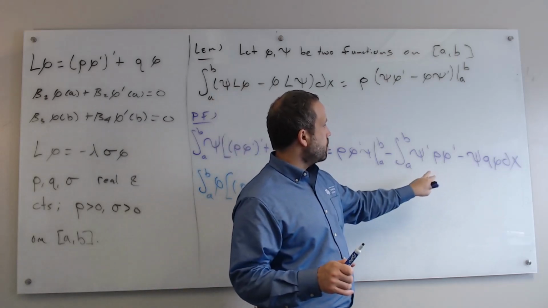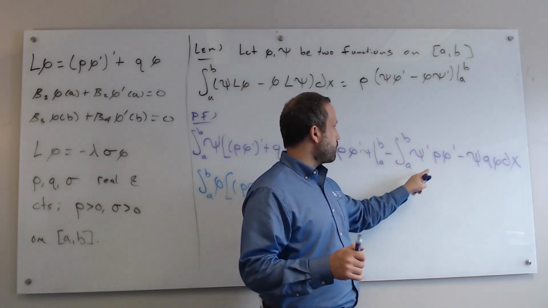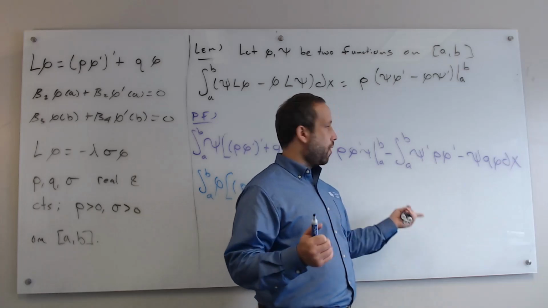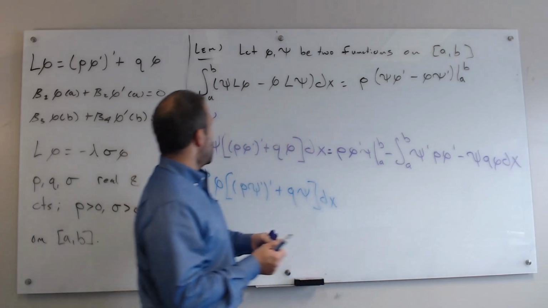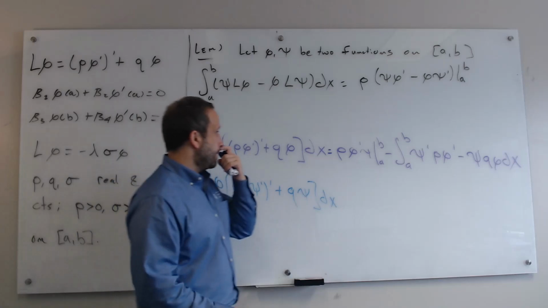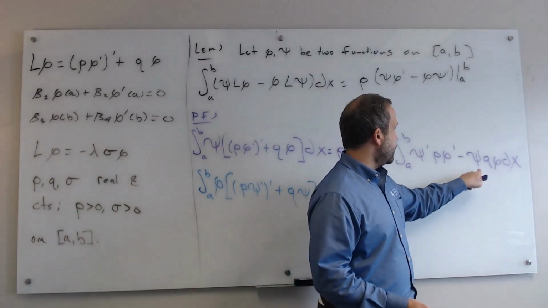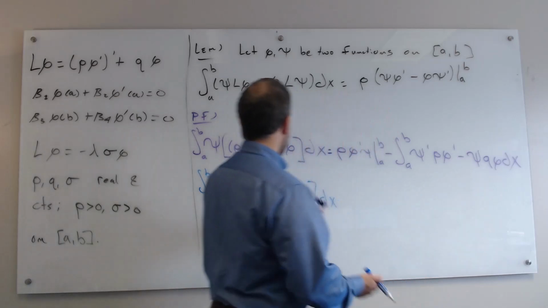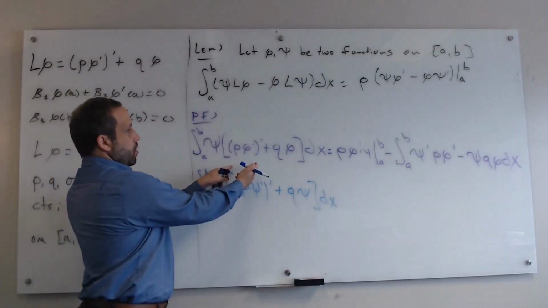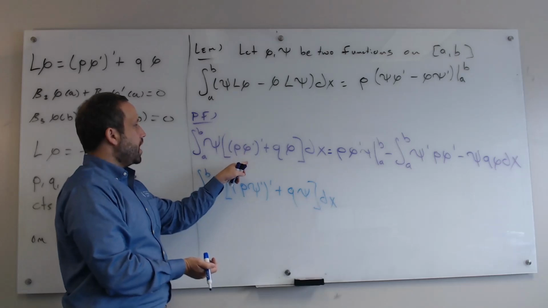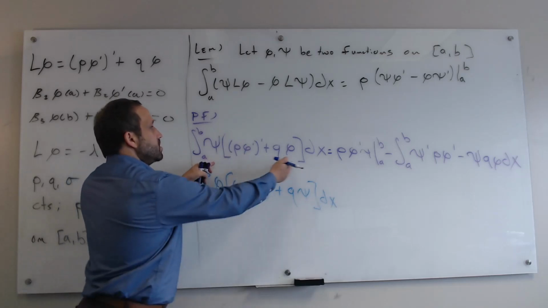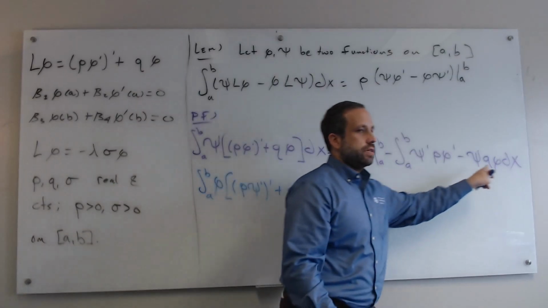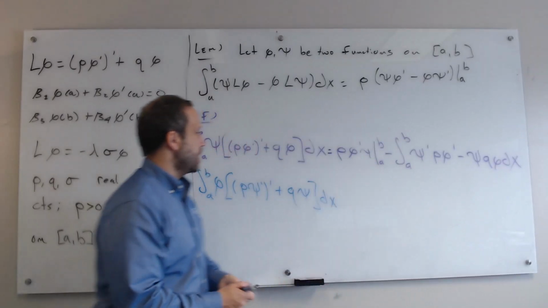So for this term, we have a p, but also a psi prime and a phi prime, because we did integration by parts. We moved the derivative from here onto psi. And then over here, it's psi times q, or psi times phi times q. So unlike here, if we look here, we kind of have a double derivative of phi and no derivative on psi. So this is not symmetric. Over here, it is symmetric. It's just a boundary term here that's not symmetric.